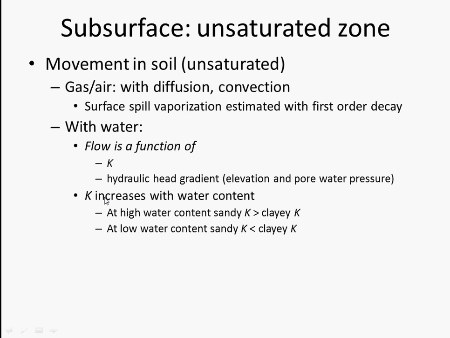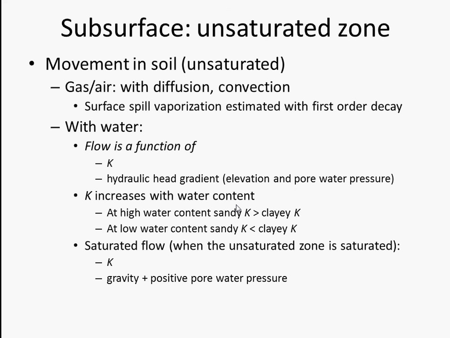And the hydraulic conductivity increases with water content. So at high water content, sandy hydraulic conductivity is greater than a clayey soil's hydraulic conductivity. But at really low water contents, clayey soils have a higher hydraulic conductivity than sandy soils. And that's just because sandy soils are essentially dry, while clays still have a little bit of water in them.